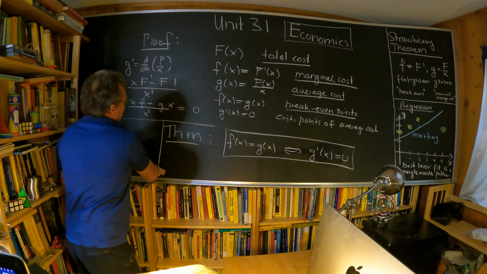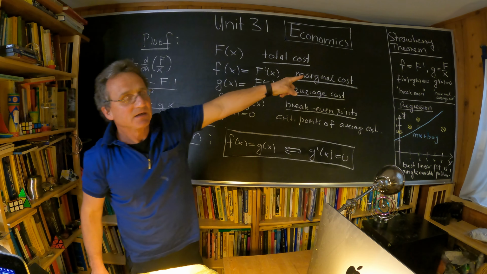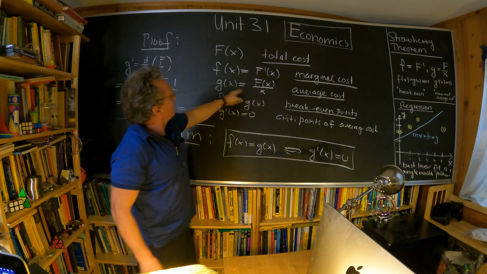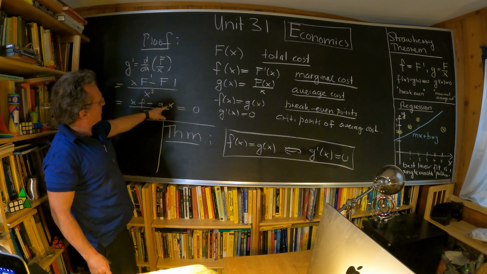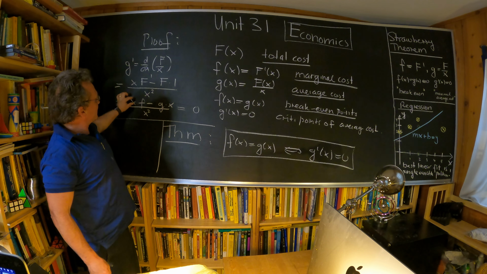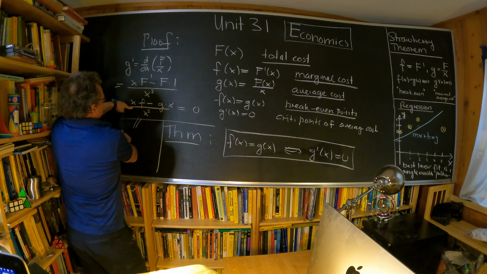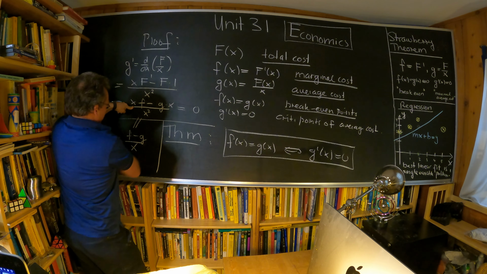And that already shows this, right? So we have g times x. If you multiply the definition here of the average cost with x, g times x is just capital F. So I replace this capital F with g times x, and you see we can take one x out. This is equal to f minus g over x.